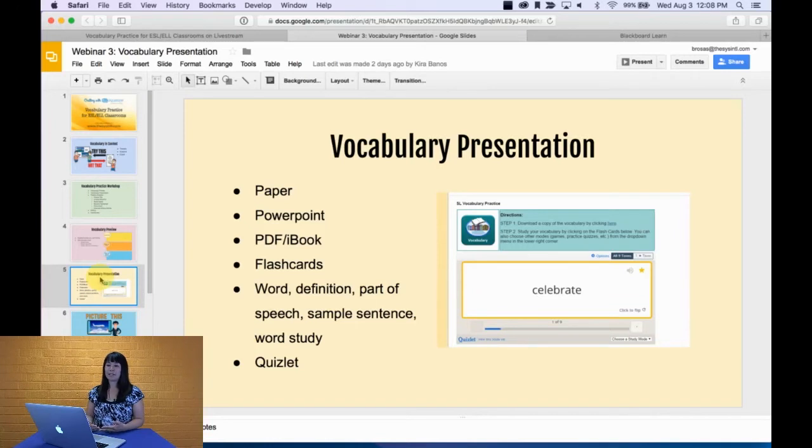Going back to the iBooks, I really love creating iBooks for students. The reason is if you have access to an iPad or Mac technology, students are able to double tap a word, see the definition you've created, but more importantly, see the definition that they can create in their own language.